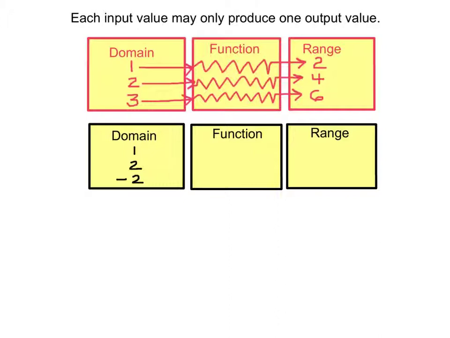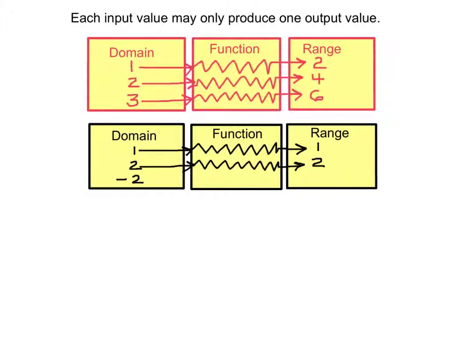When we map the 1 into our function, the 1 is operated on by the function, and the result is output into the range as a 1. So 1 maps to 1. When 2 is fed in from the domain into the function, 2 is also operated on by the function, and it is output into the range as the value 2.